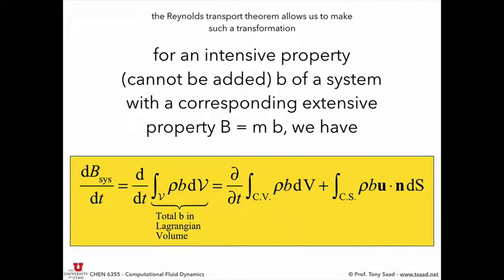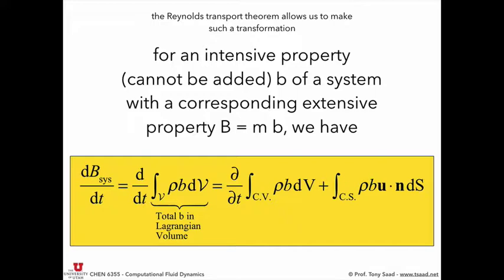Let's take a moment and try to understand this. I'm going to write it on the board, okay? So for a material point or a fluid particle, we said we have a mass delta m and an intensive property b.